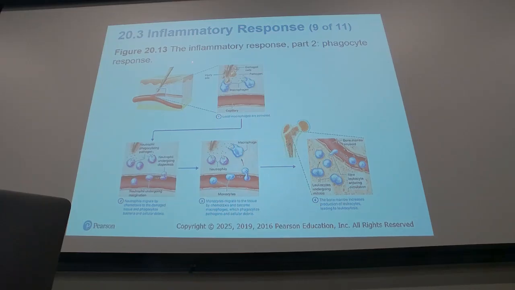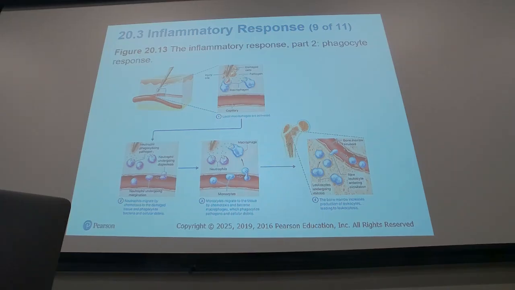So then one of the cells that is going to come into this place, because you will have damaged cells, including your cells and potentially microorganisms, is going to be the macrophages. So after the neutrophils have killed these bacteria, and within the battle you will also damage some of these cells within this area, then the janitor, which is the macrophage, will come and start eating up these bacteria, dead cells, including the neutrophils.